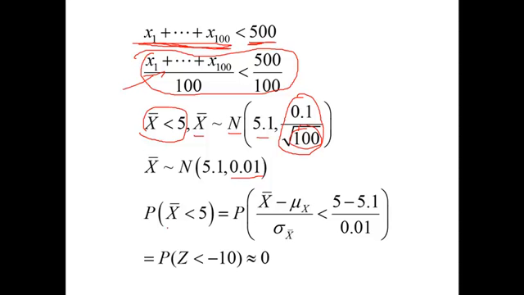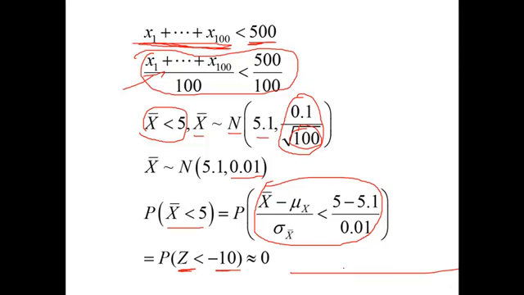Okay, so the probability that z is less than 5 is, well, we take the z-score of both sides, and so this is the probability z is less than -10, and that just doesn't happen.